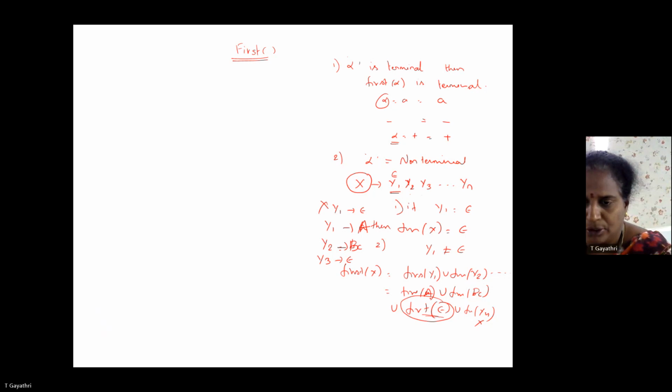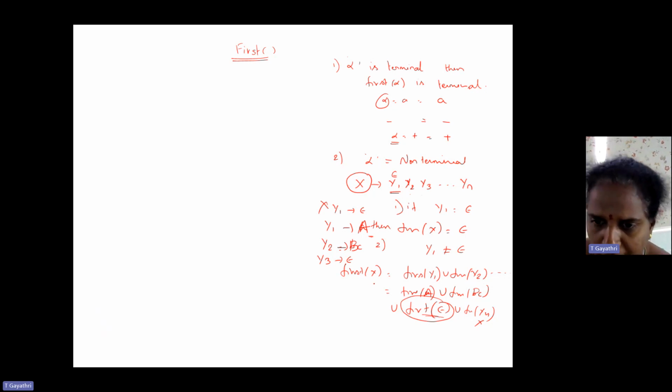So if A is a non-terminal, we have some non-terminal productions here, and we continue until we get the epsilon value, right?